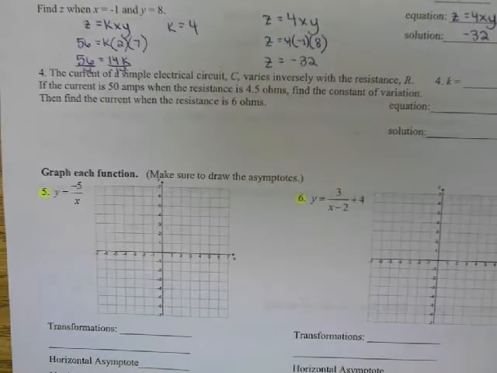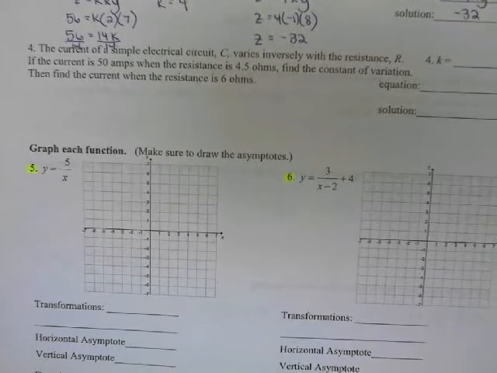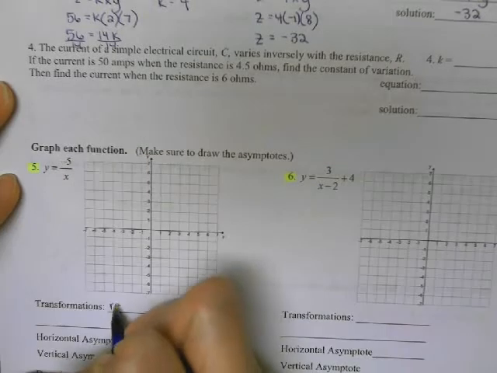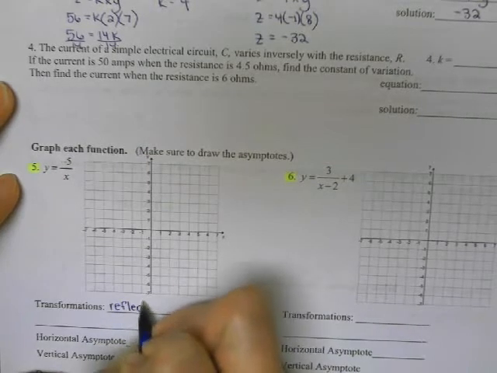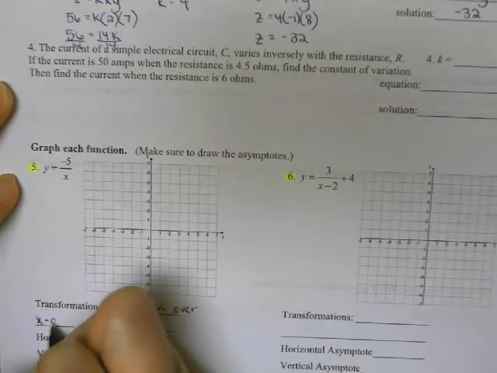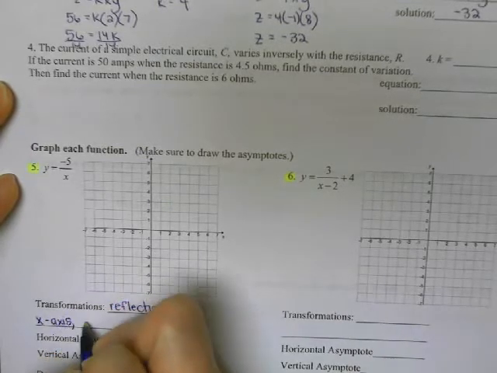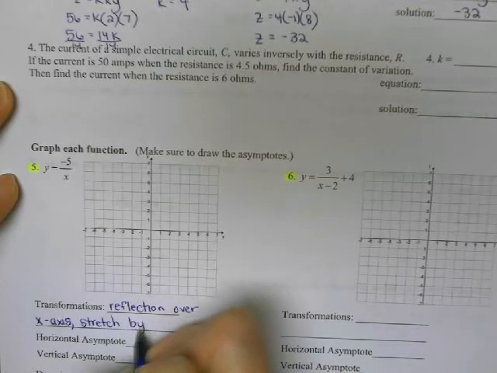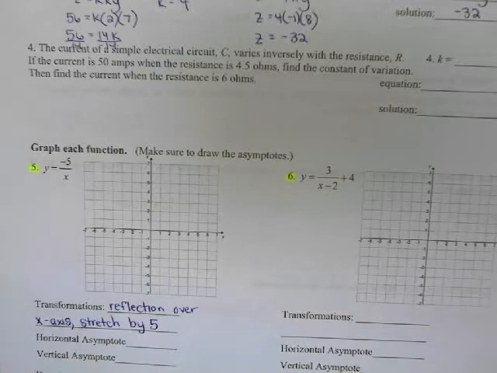All right, 5 and 6, we are graphing rational functions. Remember that we take our parent function and we talk about the different transformations that are being made, and we shift our graph. So if I look at this one, this negative is going to be a reflection over the x-axis, and then it's going to be stretched by 5.